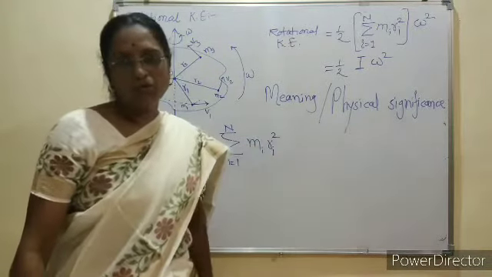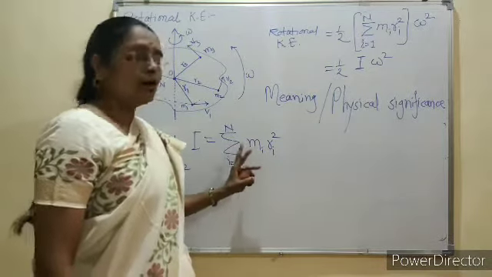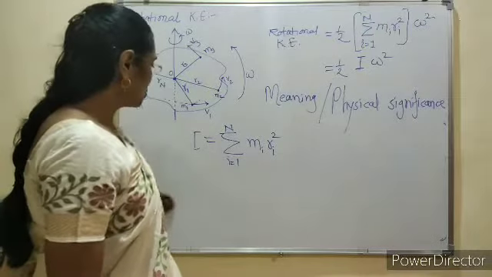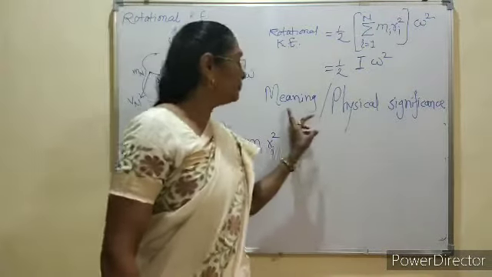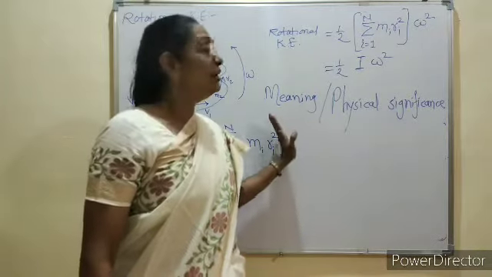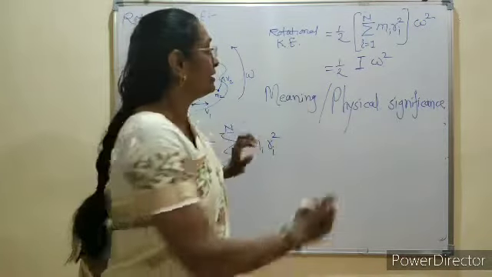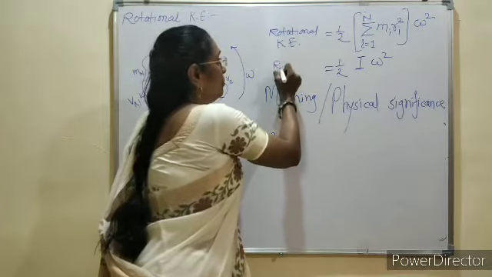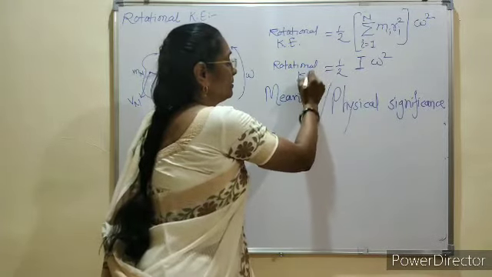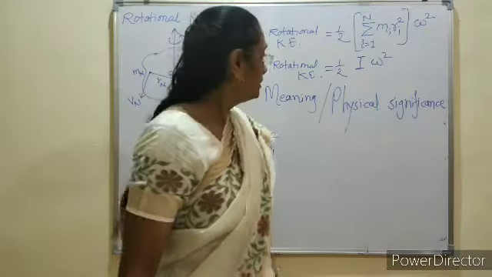Mathematically we have the expression, and we have stated its definition, SI unit, dimensions, all these things, but we must know its meaning. So for that we consider the expression for rotational kinetic energy. We have rotational kinetic energy as half into I into omega square.